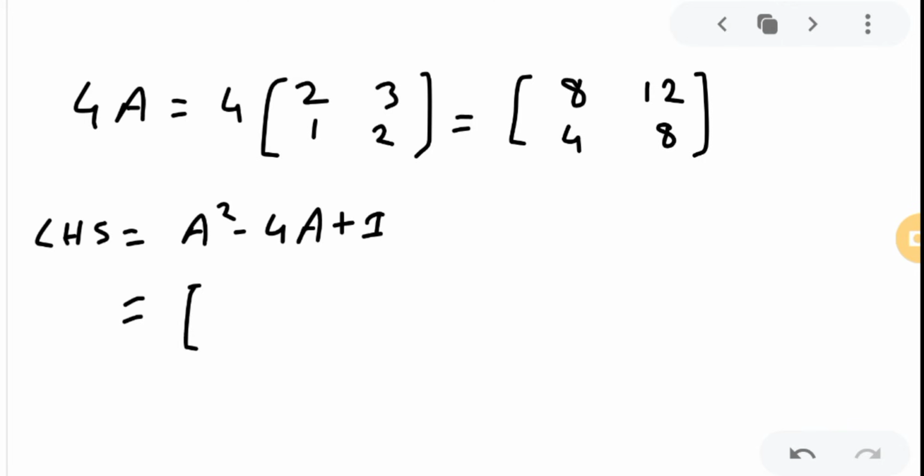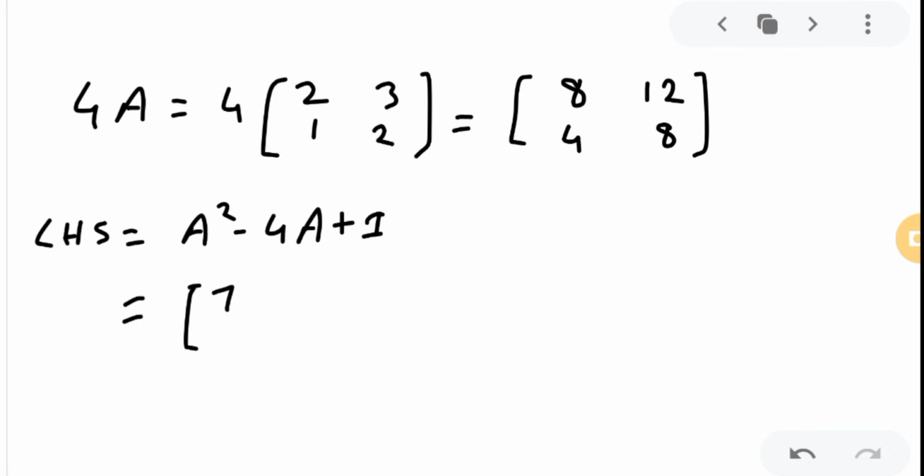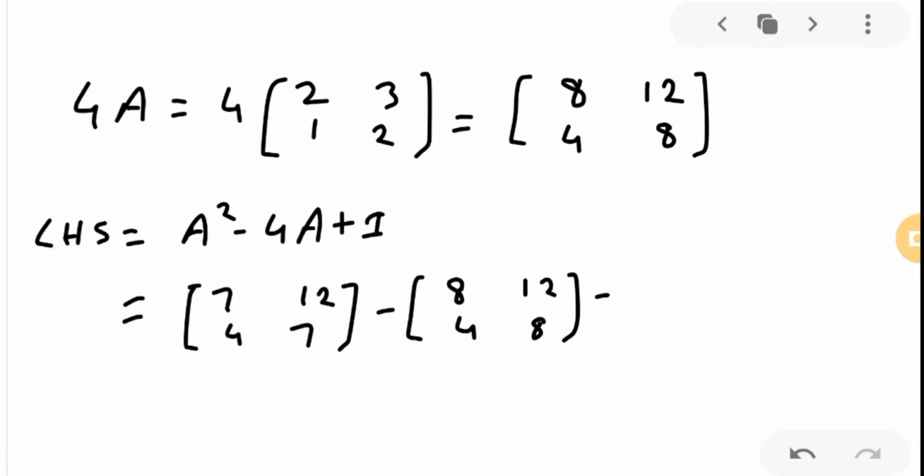A square is nothing but [7 12; 4 7], minus 4A, which means this matrix [8 12; 4 8], correct? And I means the identity matrix, 1 0 0 1, correct?